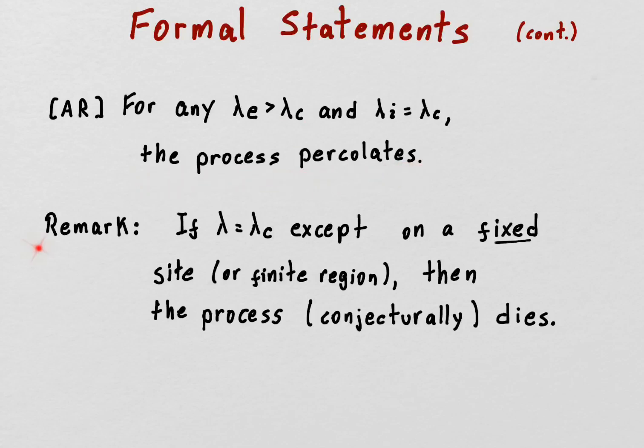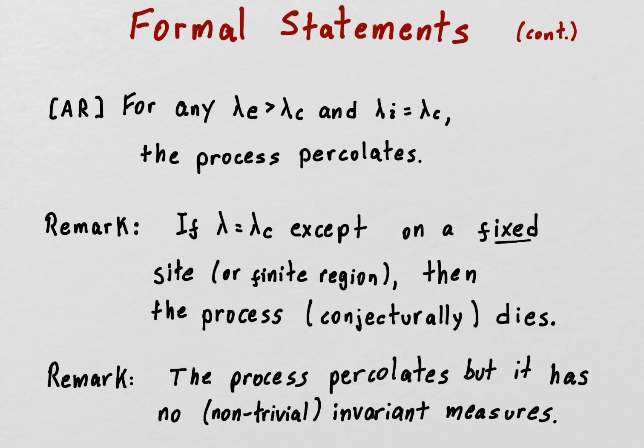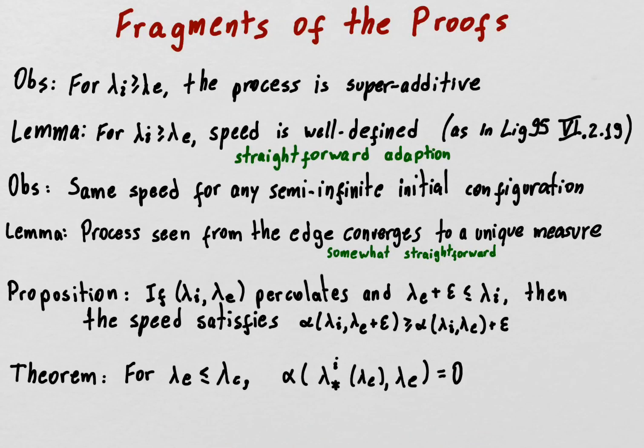And we should remark that this is in contrast with the conjecture that if we help the system by increasing lambda on a finite region or even on a fixed site, then this process should still die. Another remark is that in this regime, the process percolates, but still it does not have any non-trivial invariant measures. We conclude with some fragments of the proofs.